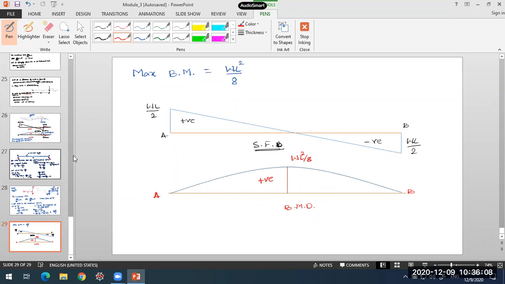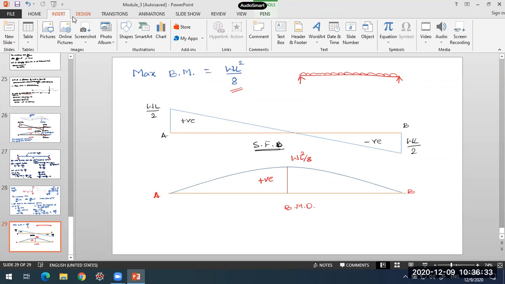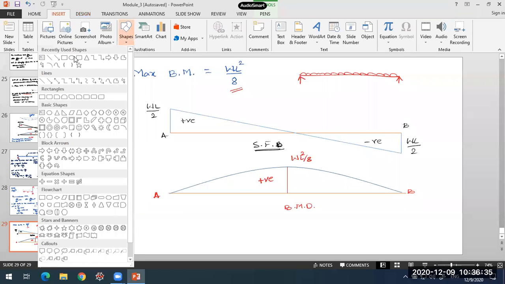So we took a standard case: a simply supported beam carrying UDL for its entire length, and we determined the maximum bending moment in this case, and we have also plotted it. The thing you have to remember is, for a simply supported beam carrying UDL for its entire length, the maximum bending moment is WL square by 8.